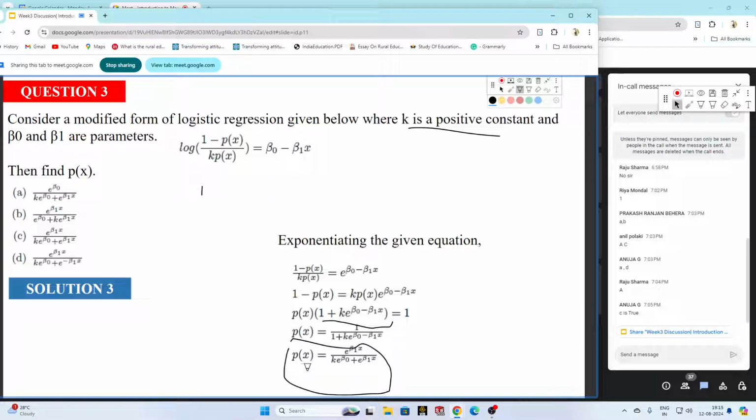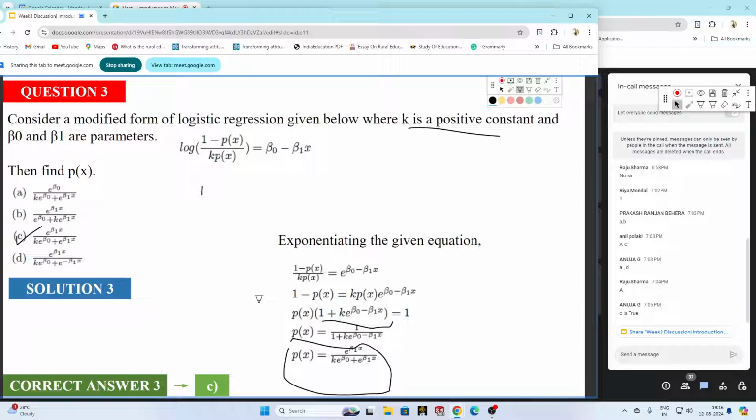So this is your which option? Okay, sorry, k is there. So this is your option C. Is this clear? This is simple maths, right? This question is only meant so that you can convert your logit function to a straight line and find out the probability, or do the reverse.